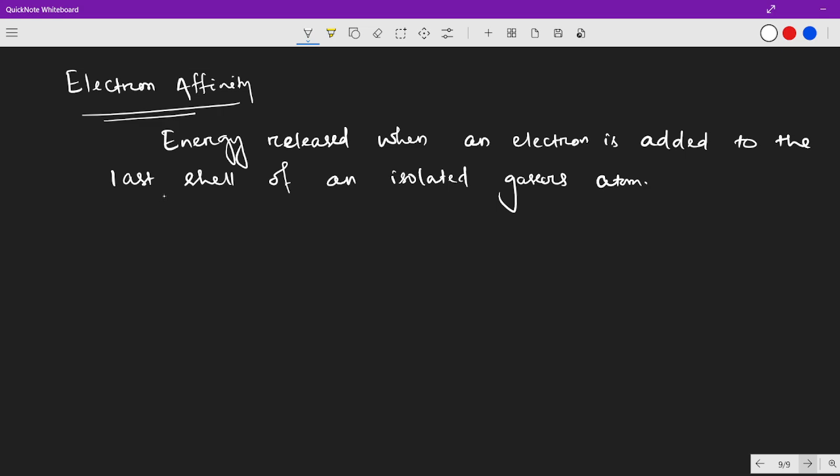So this is electron affinity, the amount of energy released when an electron is added to the last shell of an isolated gaseous atom.